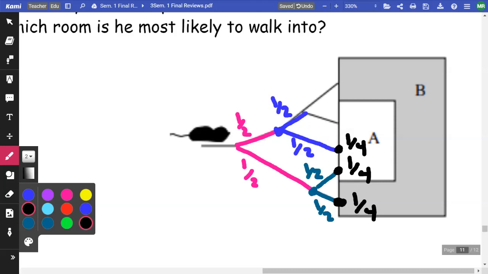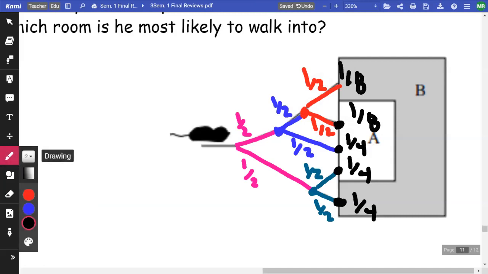Now let's say I put a dot here, and then I have these two, so I have another 1/2 and another 1/2. Now, when I'm computing these, this one is my 1/2 in pink times my 1/2 in blue times my 1/2 in red, which is a 1/8. Same with this.